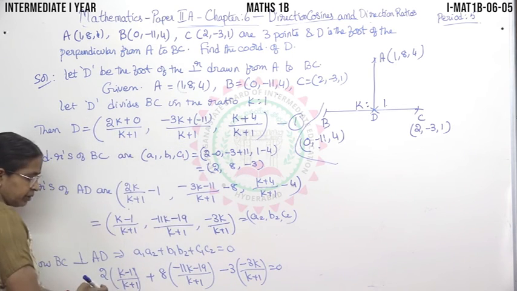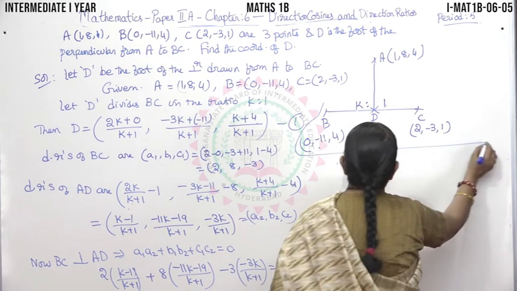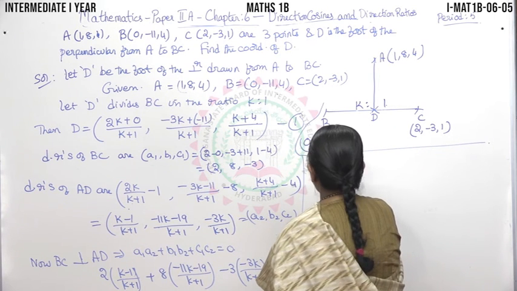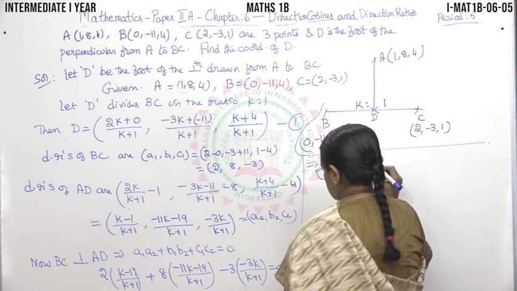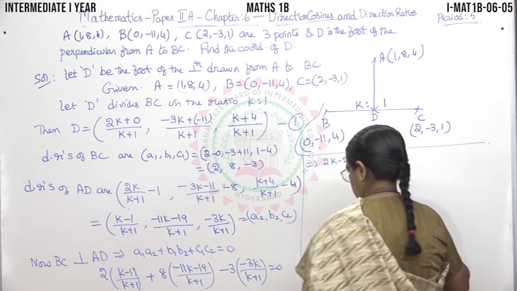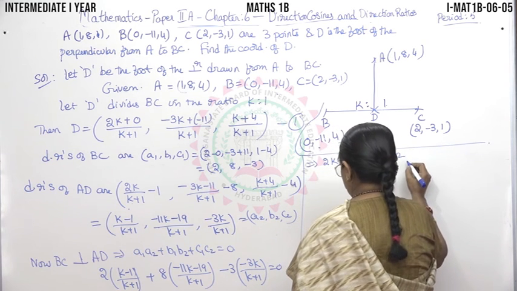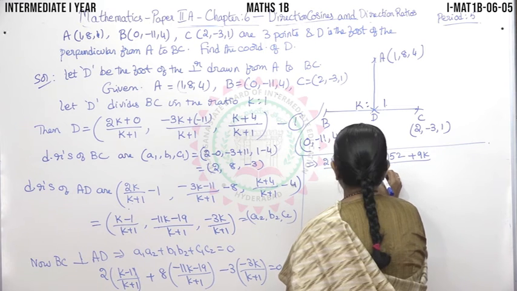Now if you take k plus 1 as LCM and simplify, this implies 2k minus 2 minus 88k minus 152 plus 9k, by k plus 1, is equal to 0.